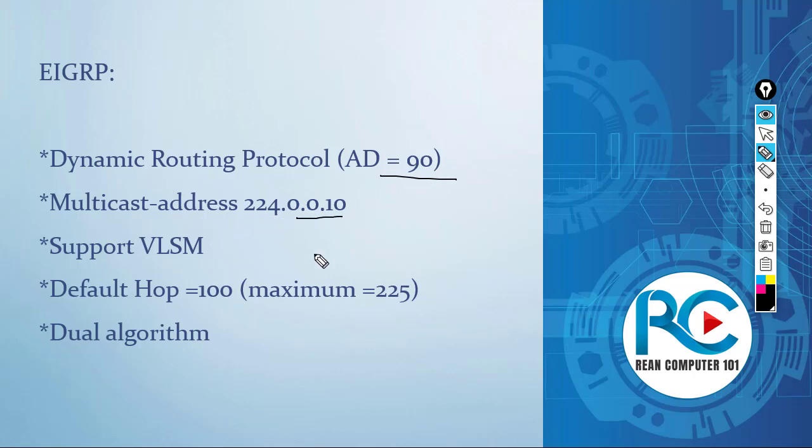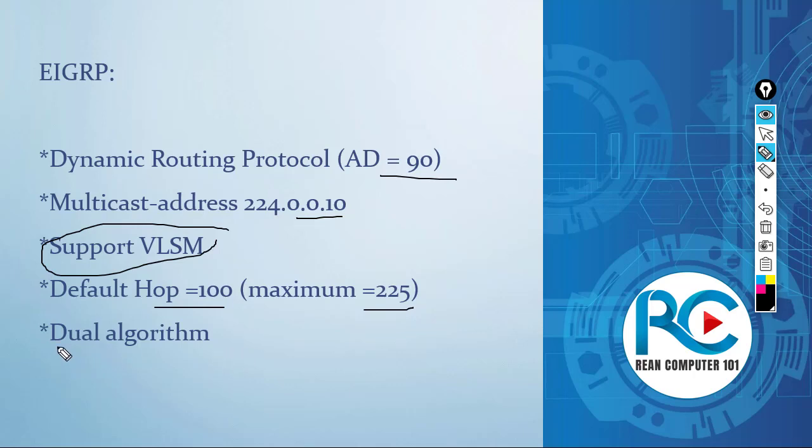It uses the multicast address 224.0.0.10, and it's a part of VLSM also. The default hop count in the EIGRP domain is 100, but you can modify the hop count of the EIGRP domain up to 255.